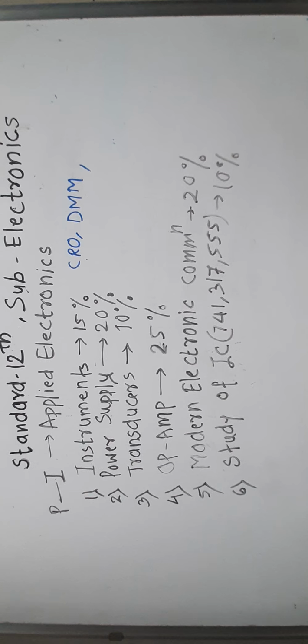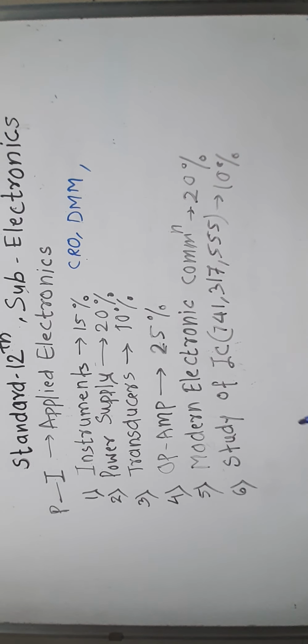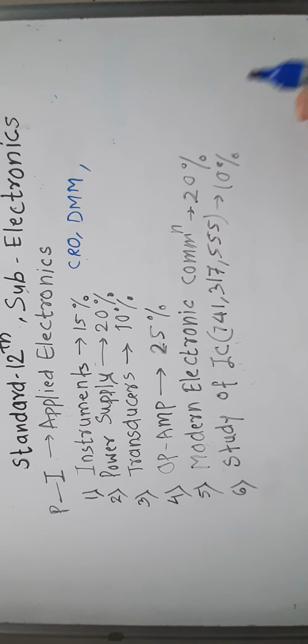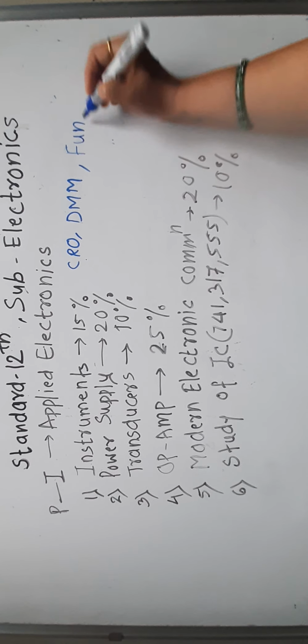Next one is digital multimeter. Digital multimeter you have also seen in our laboratory, that is used to observe voltage, current and resistance. And the third instrument is function generator.